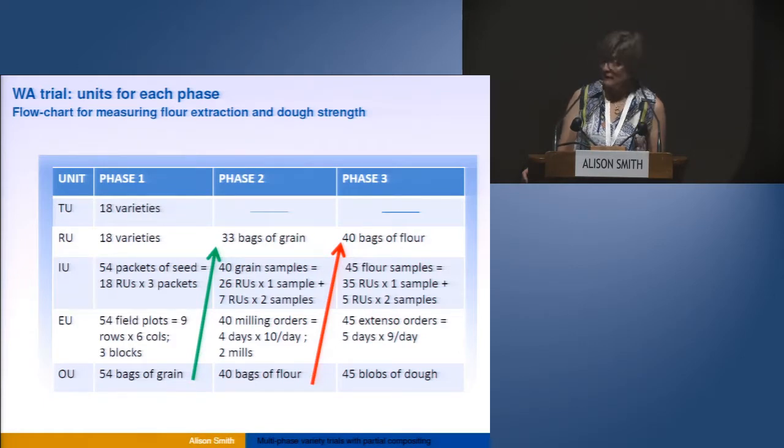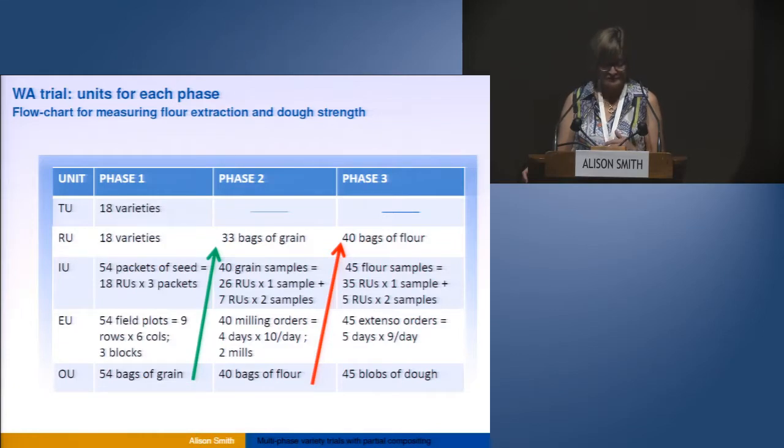The green arrow shows that the transition from phase 1 to phase 2, we take the 54 bags of grain, we do our compositing scheme to end up with 33 bags of grain. And in that second phase then we replicate 7 of those samples. We split 7 of those bags of grain into 2, and the rest are done as single samples. We're going to put them through a milling process.